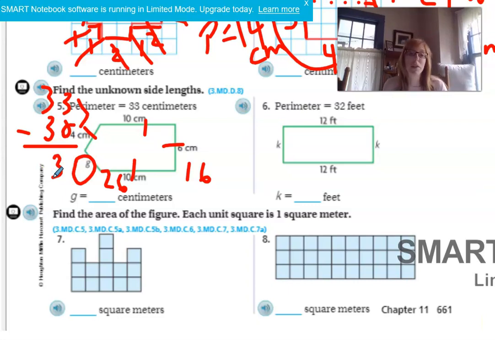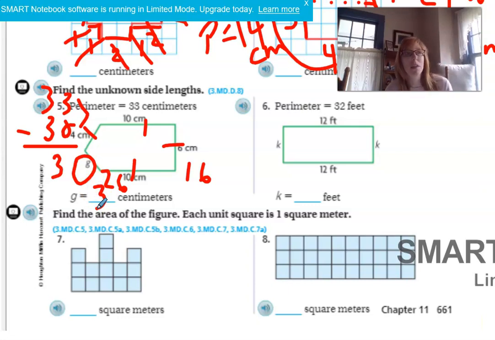Okay, because if we added up 4 plus 10 plus 6 plus 10, that would give us 30, plus 3 more would be 33. So our unknown side is 3.